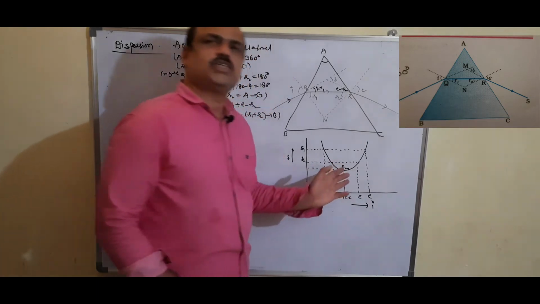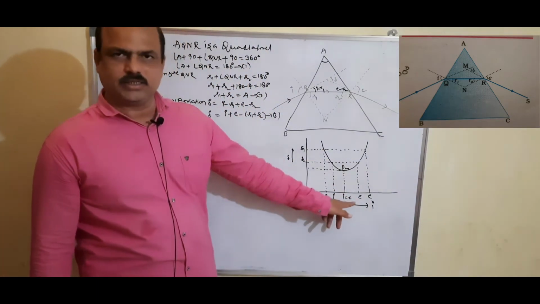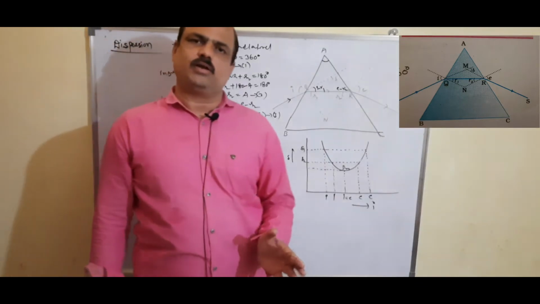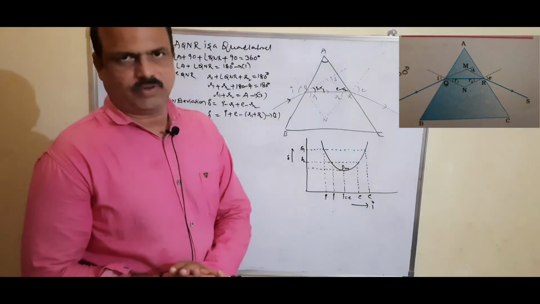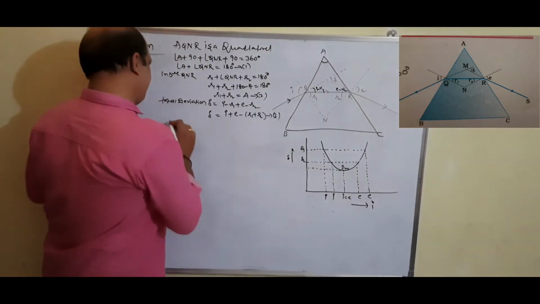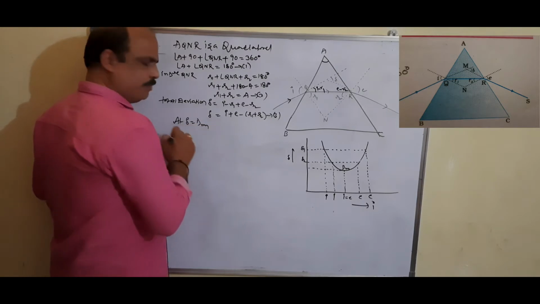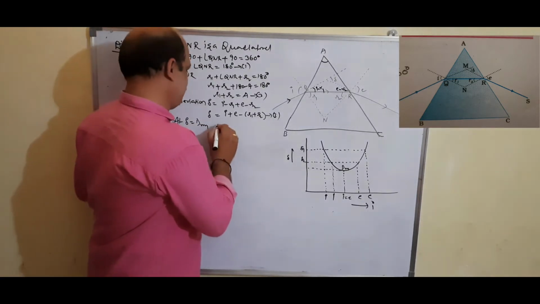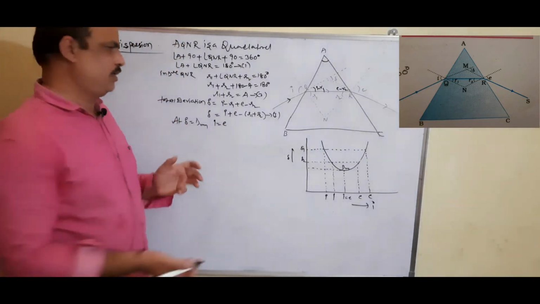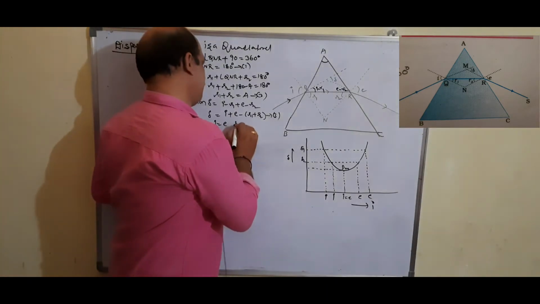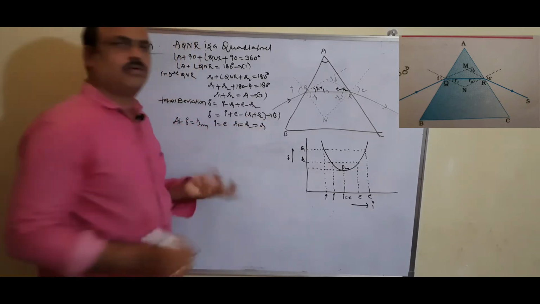When deviation reaches the minimum value, I and E are both equal. The angle of incidence and the angle of the emergent ray are equal. So at minimum deviation, delta is equal to delta m, I is equal to E. When I is equal to E, then automatically R1 is equal to R2, that is equal to R.